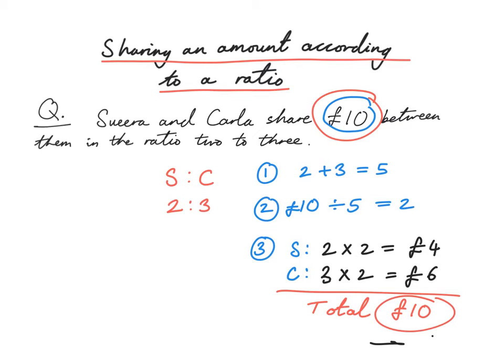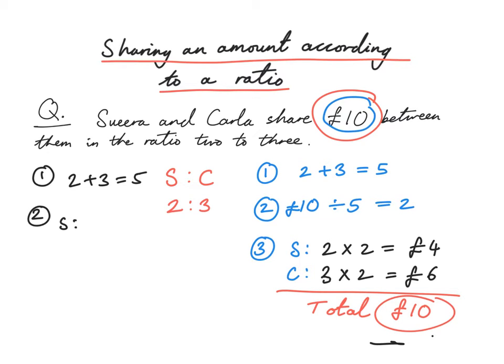Now, if you're really smart, you could have done this in fewer steps, where after doing step 1, where you added up the ratios, then in step 2, for each of them, you could have done the calculation in one go.